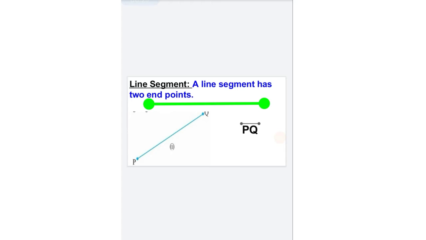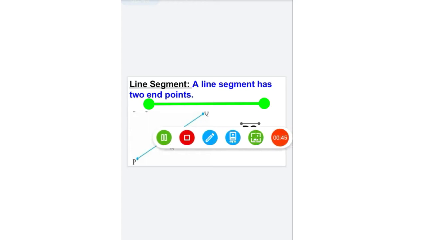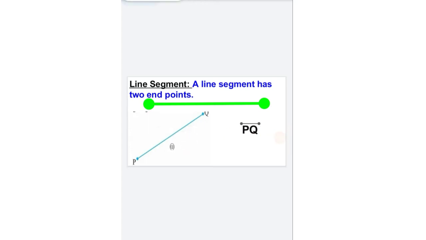Now, a line segment is very familiar to all of us. We know a line segment has two endpoints. That means there is a line and it has both the endpoints, so no endpoint can be extended.